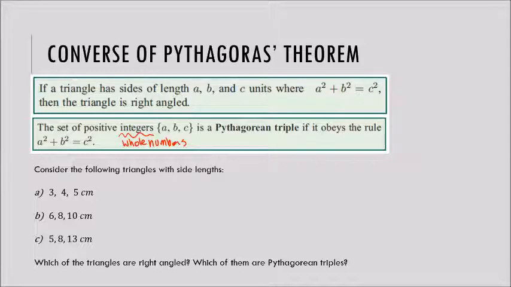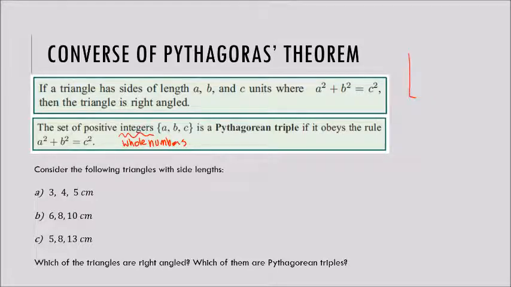So let's have a look at some examples. Consider the following triangles with side lengths 3, 4, and 5. Let's see if they all match up using our Pythagoras theorem equation. The very first thing we want to think about is, what side is going to be c?